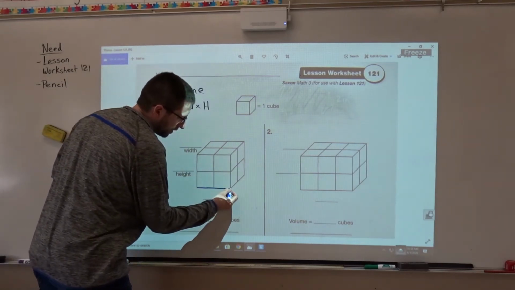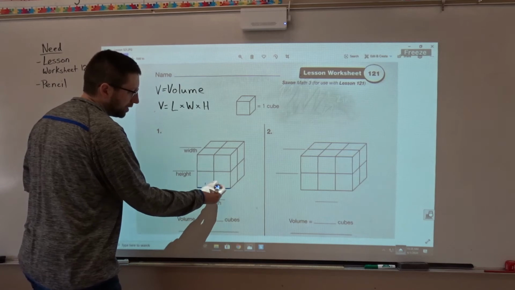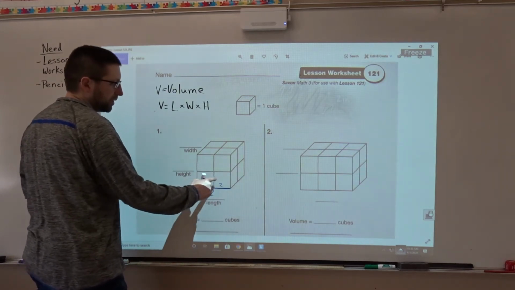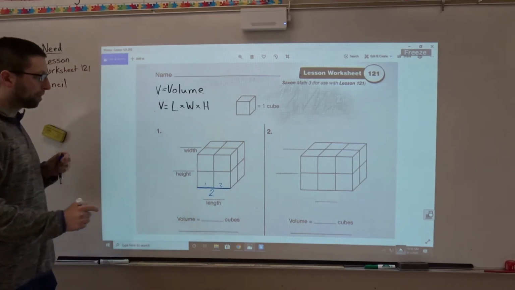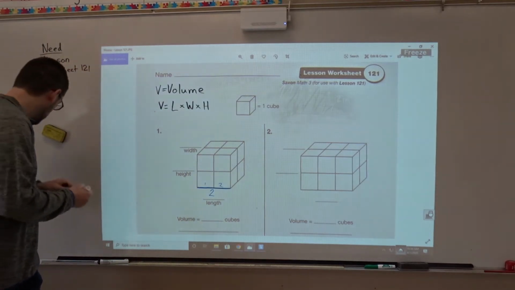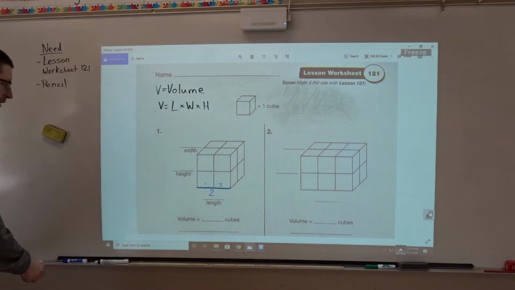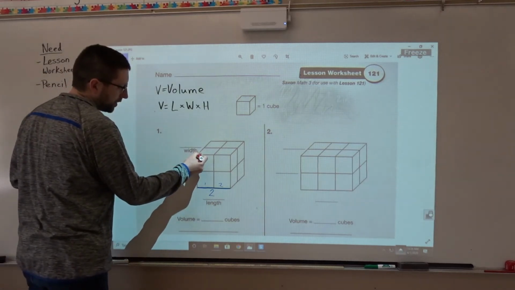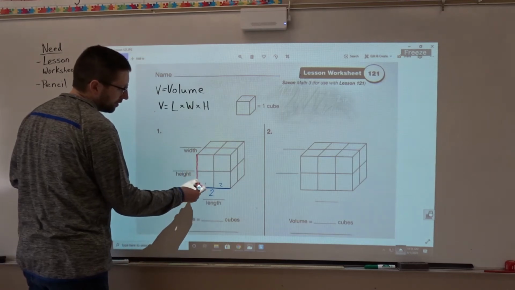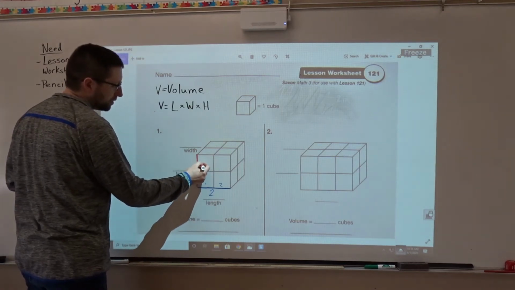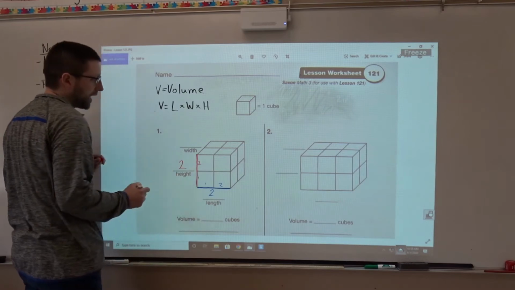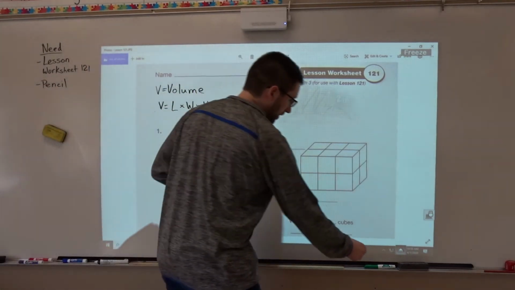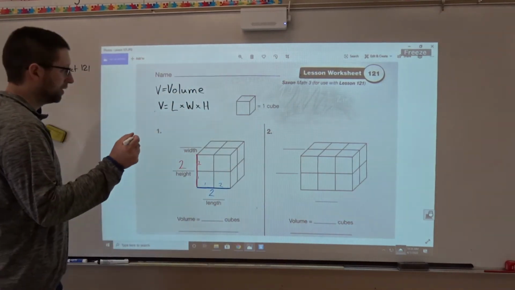The length goes right here, and it takes 1, 2 cubes to build the bottom row there. The next number, the height, is how tall it is. Well, it is 2 cubes high. And then the last number I need is the width.